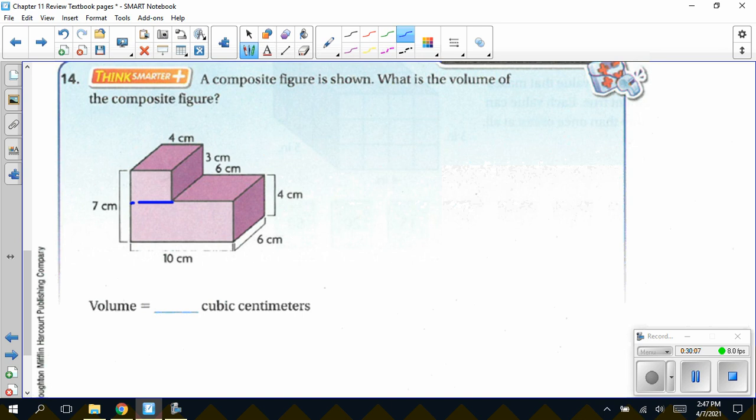So I'm going to work with the larger prism because I do see the length is 10. I see the width is 6. And that my height is 4. So if I multiply this together, 6 times 4 is 24, and then 24 times 10 is 240.